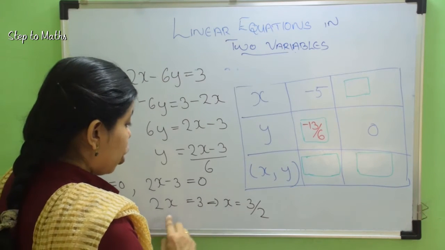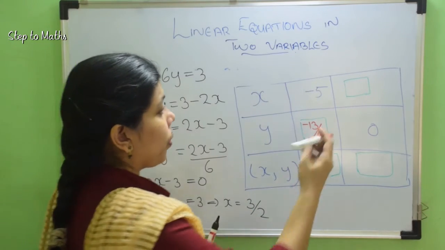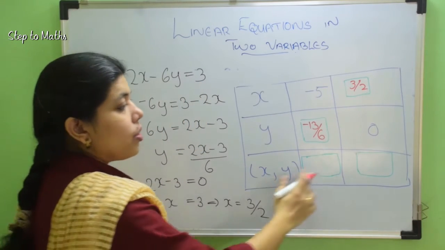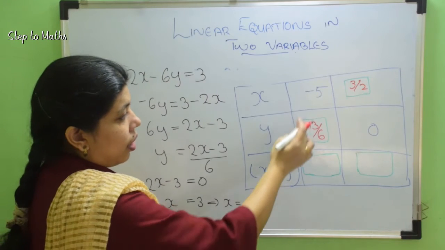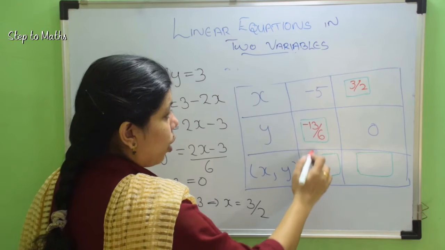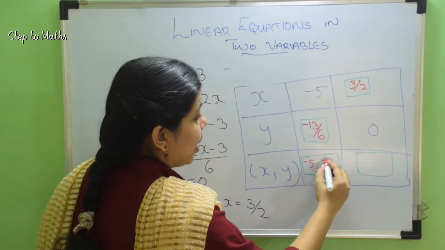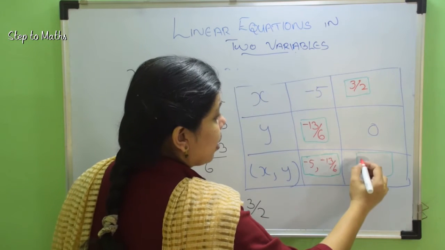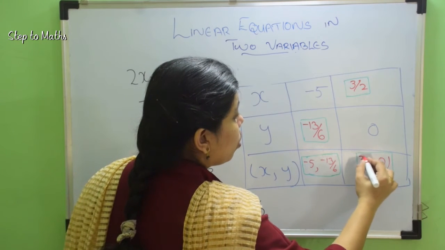So we can fill these empty boxes with the values: x minus 5, y minus 13 upon 6, and x 3 upon 2, y equal to 0.